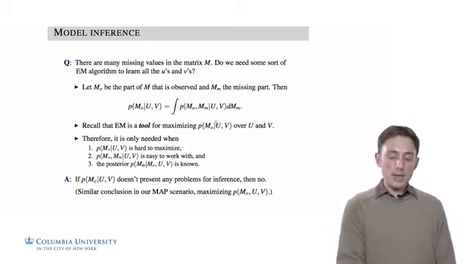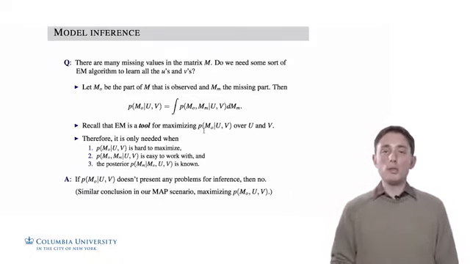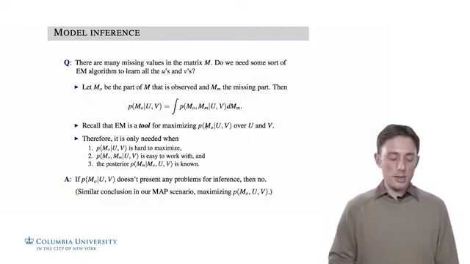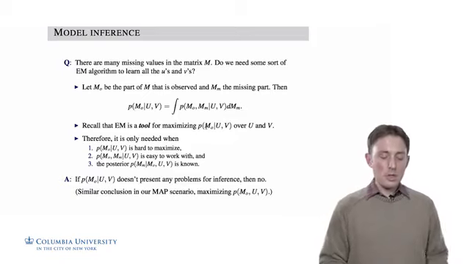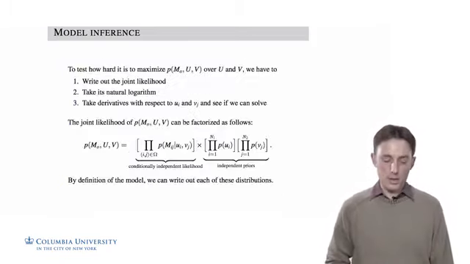So if we can maximize this term without any problems, then there's no need and really no point in doing EM. If we can get closed form updates, for example, for doing maximum likelihood, or in our case it's going to be maximum a posteriori over U and V of this likelihood, then EM doesn't buy us anything. So we have to look at what this likelihood looks like.